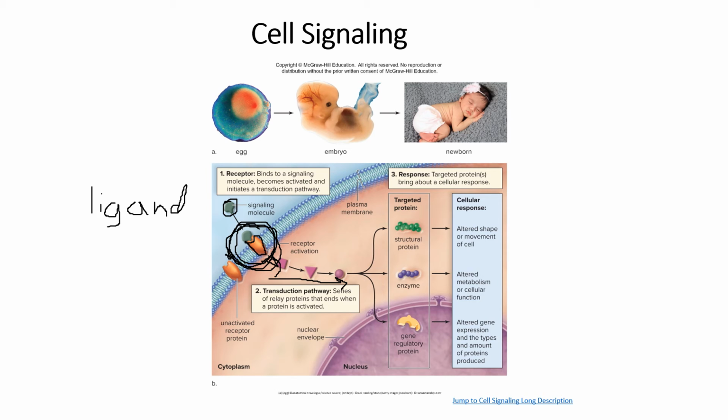So the signal hit our receptor. That's the person starting the telephone game. And then the receptor talks to something else, the little square here, which talks to something else, the triangle, which talks to something else, the sphere. And so passing down that signal, that's the transduction pathway.